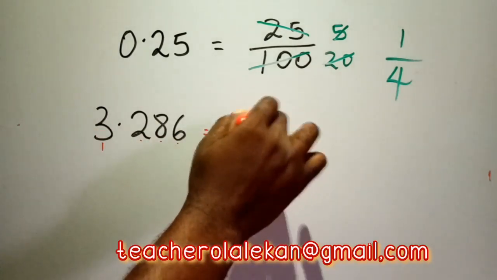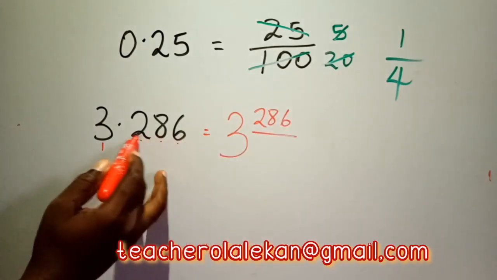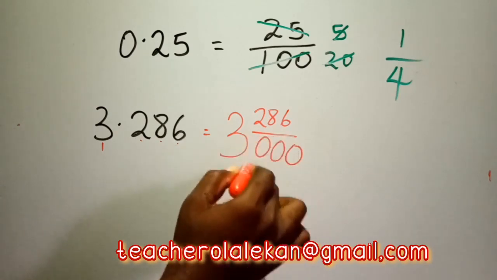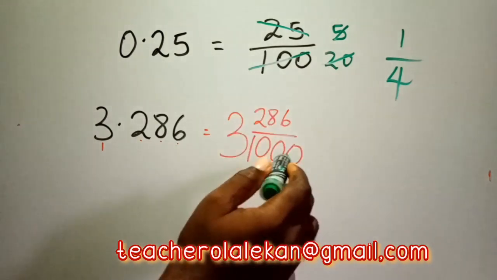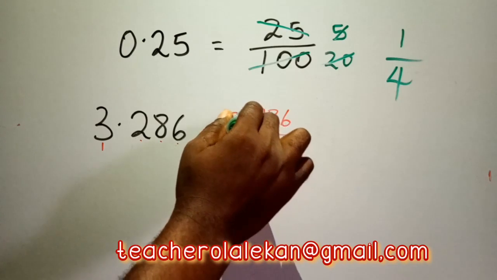Then we write out 286 over, let's count 1, 2, 3. So we have 3 figures. That means we're going to have 3 zeros and 1. So then we reduce our fraction to the lowest term. So what can divide this? If I'm not mistaken, I think 2 goes.